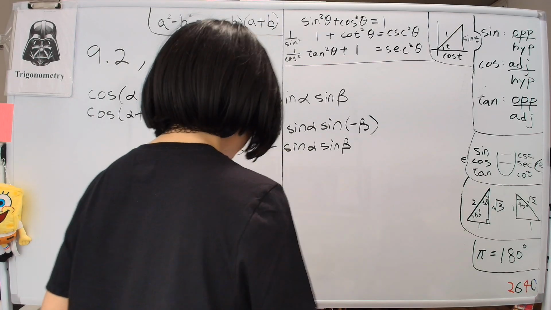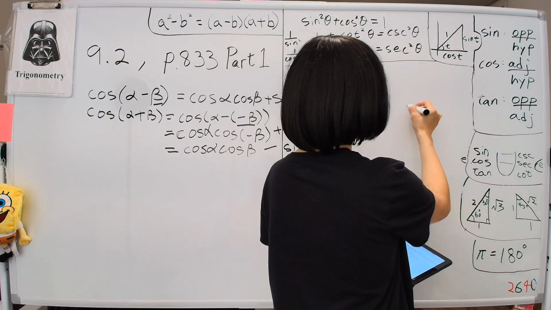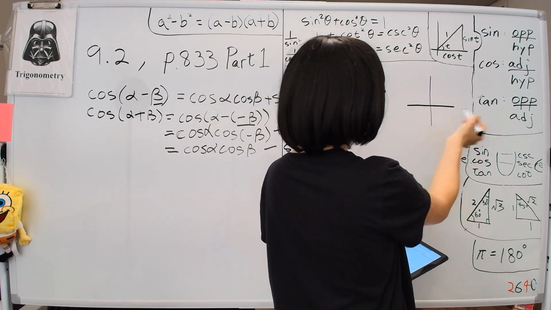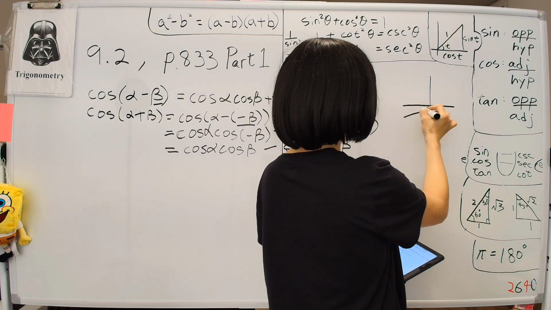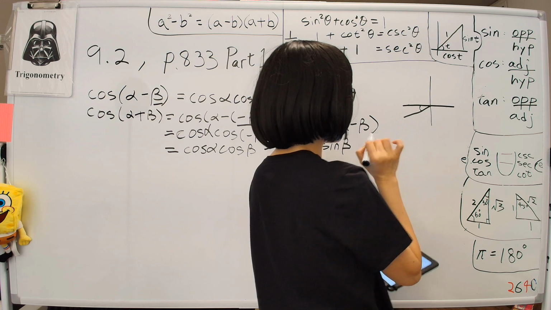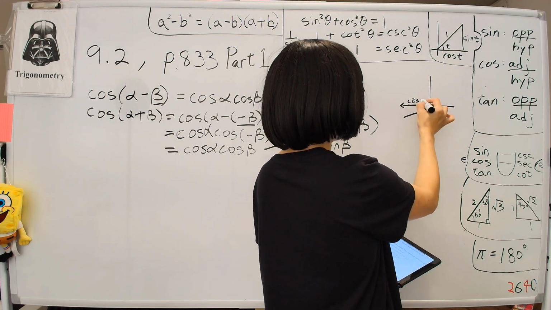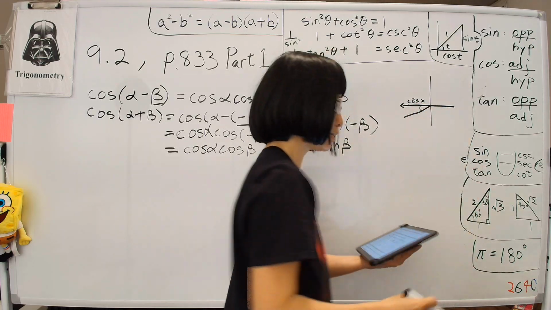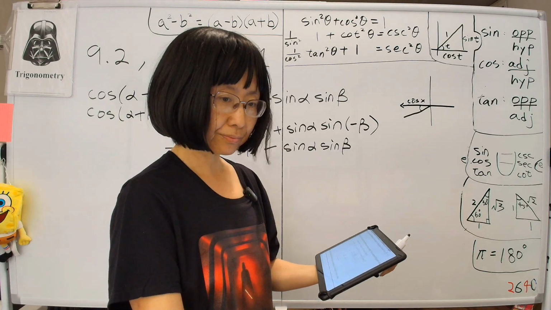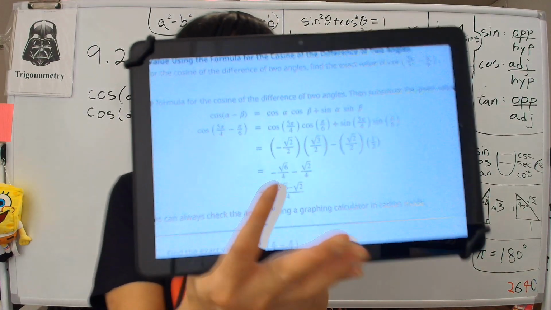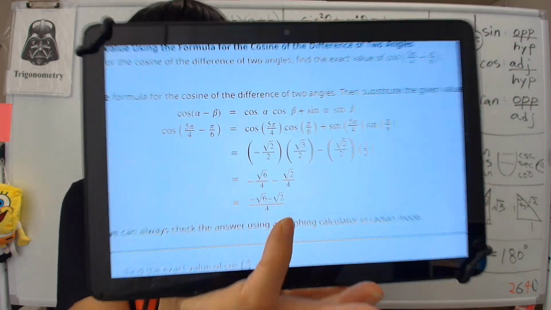When the angles are on this side, 5 pi over 4 is something like that. On this side, the cosine values are negative, because cosine has to do with the x-axis. That's why you see a negative square root 2 over 2. But if you plug all those values in, you should come up with something similar to this.